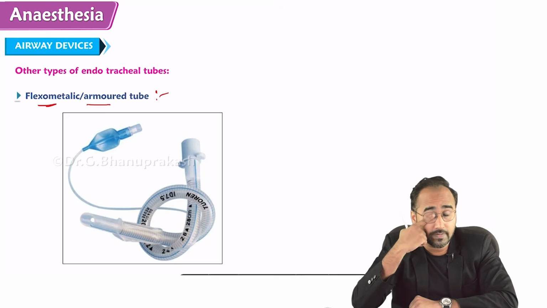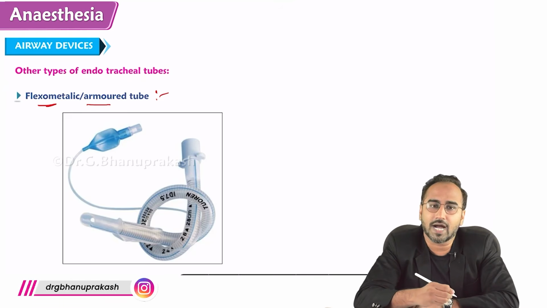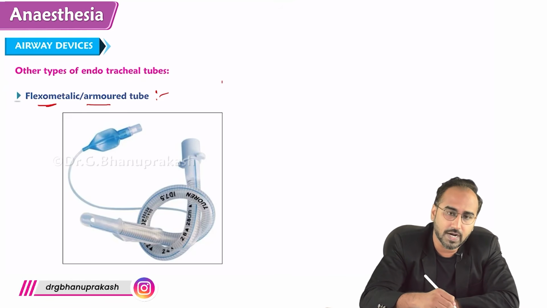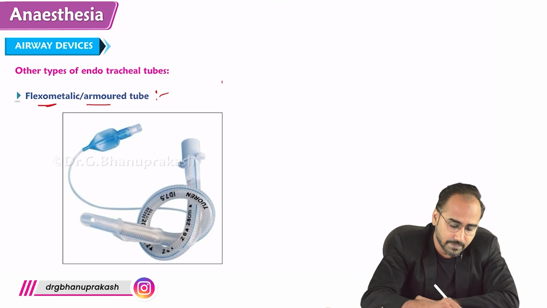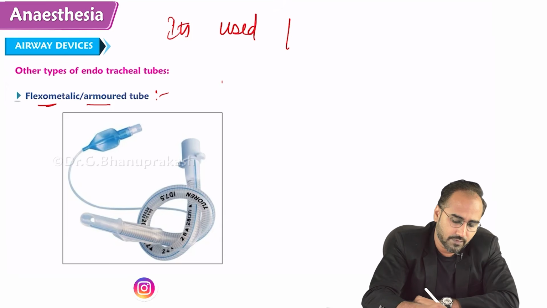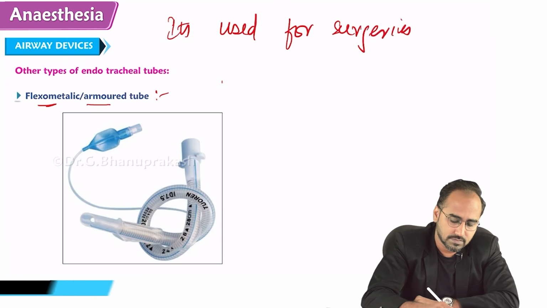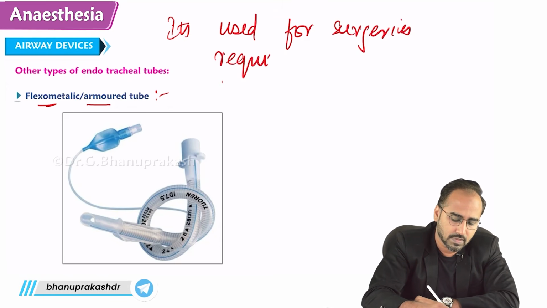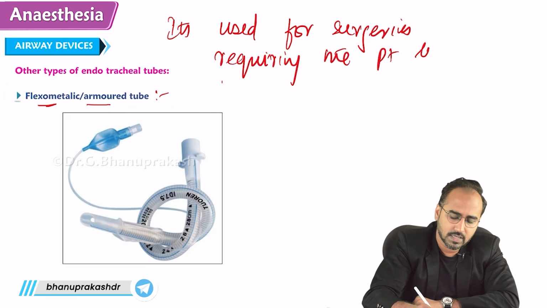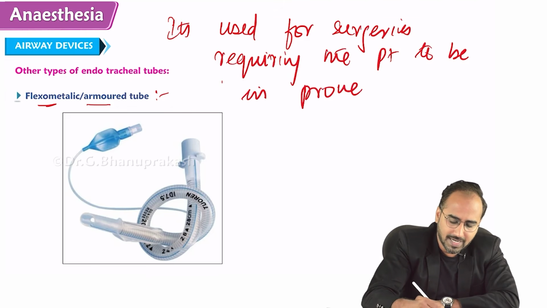So, flexometallic or armored tube. We are talking about what, guys? This flexometallic or armored tube is used for what? It's used for surgeries requiring the patient to be in what position?